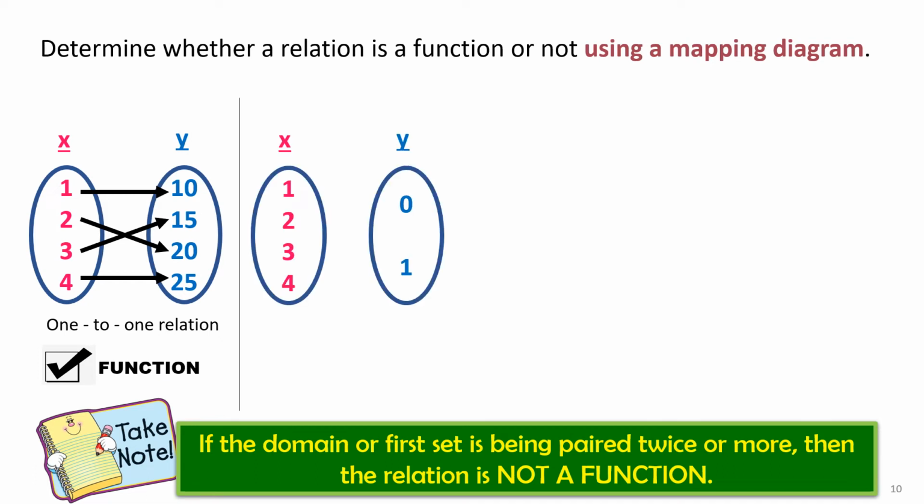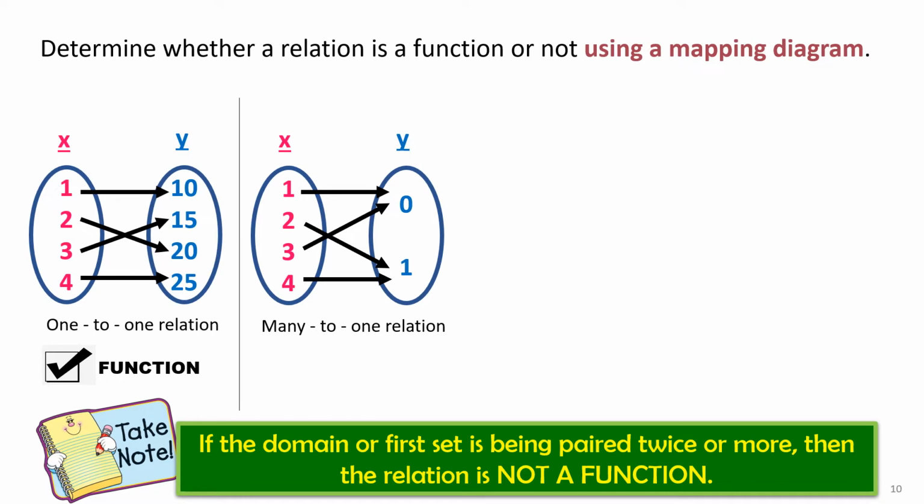Next example, x and y values, where 1 is being mapped to 0, 2 is being mapped to 1, 3 is being mapped to 0, and 4 is being mapped to 1. So what can we say about this diagram? That's right. This is a many-to-one relation.